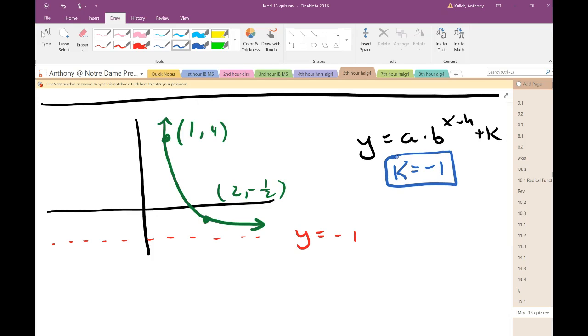Okay. Now what I'm going to do is pick one of these values to be my h point. Which point would I want to pick to be the h point? 2, -1/2. And I typically want to pick the one on the curvier part of the graph.